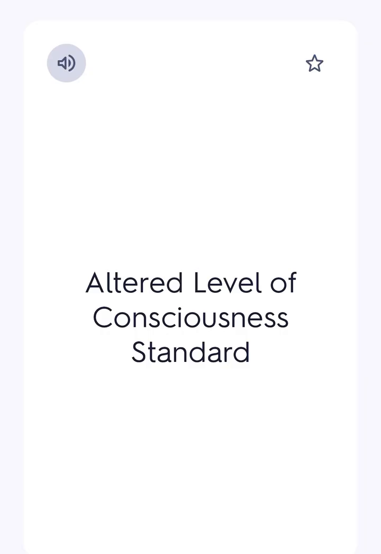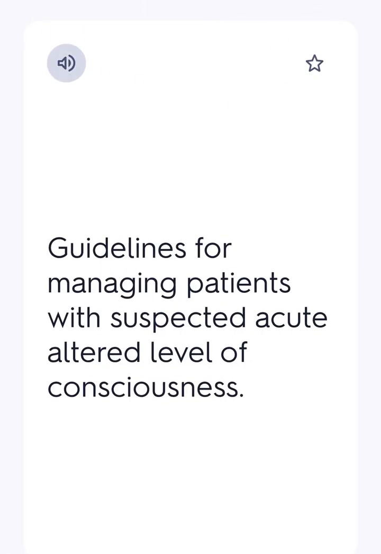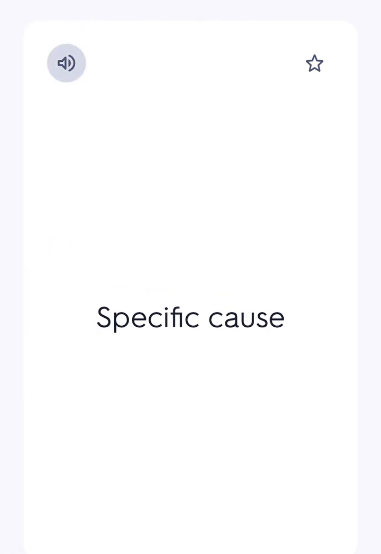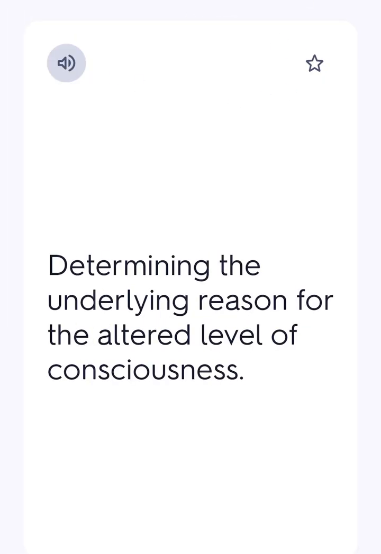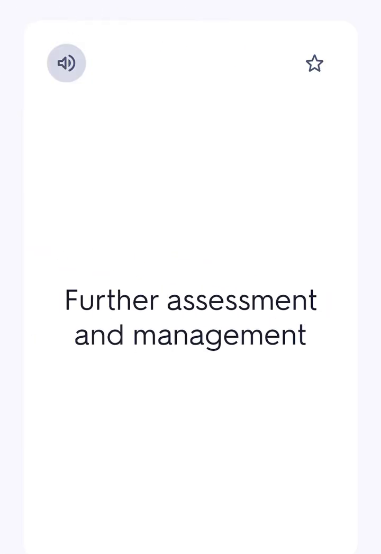Altered level of consciousness standard. Guidelines for managing patients with suspected acute altered level of consciousness. Specific cause. Determining the underlying reason for the altered level of consciousness. Further assessment and management.